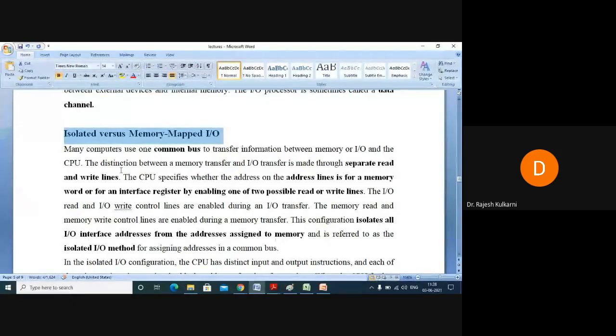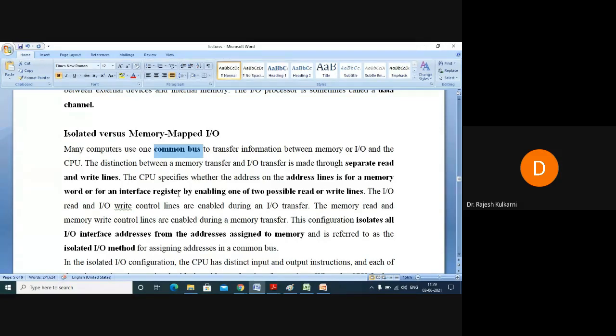What is the meaning of isolated input output, memory mapped input output? Now, the first scenario, let us say there is a common bus. Common bus means input output and the memory will be sharing this common bus.